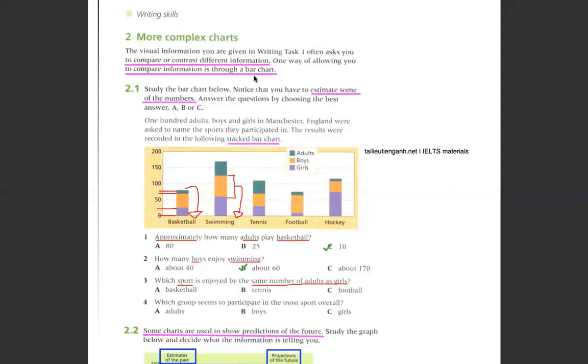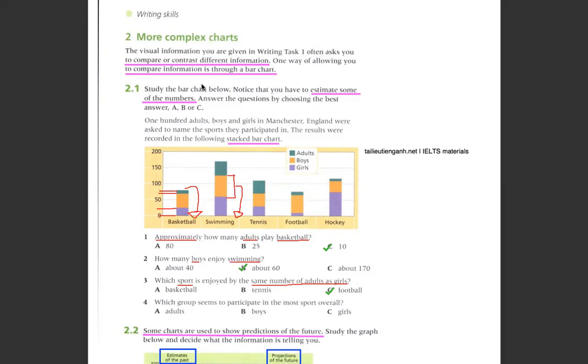This one's a little bit tricky because they're close. The correct answer is C, football. A lot of you said tennis. The green is slightly bigger than the purple here. So you need to look at the graph really carefully. This is a little bit bigger than this, whereas these two are the same.